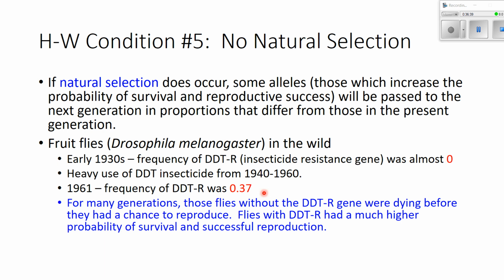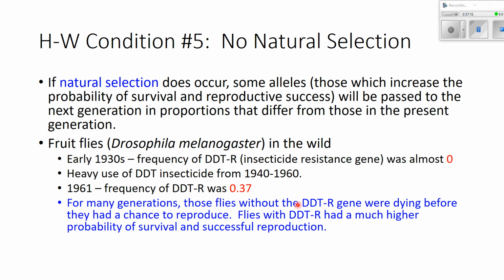So the frequency of this allele was dramatically increased by natural selection because the environment, in this case a human activity, spraying this insecticide, changed. We humans have a knack for changing the environmental conditions, don't we? That human behavior of spraying DDT created a situation where natural selection favored one allele over another.